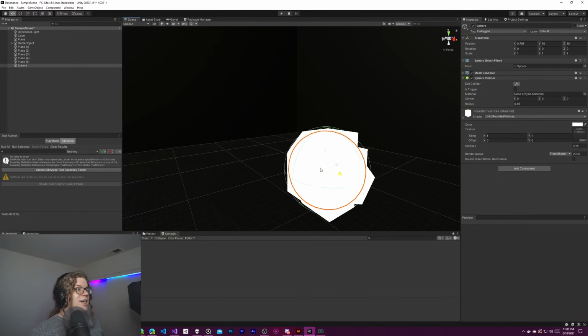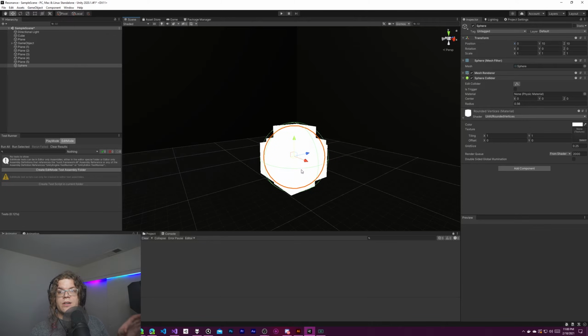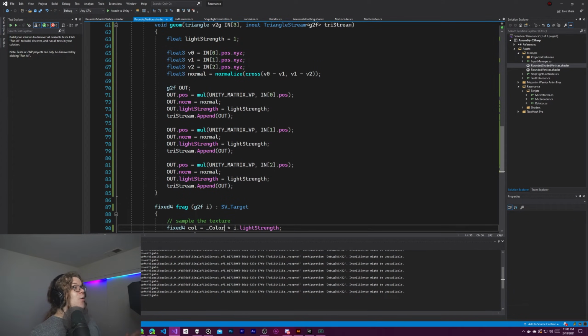It's still changing as we move it, so it's still in the world space grid. So everything seems to be fine. We haven't broken anything, but we haven't actually done anything. None of this code we've written has done anything. It's just made our GPU do more work, which is great.